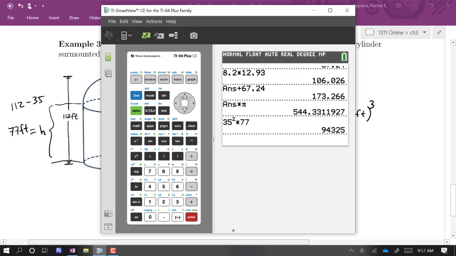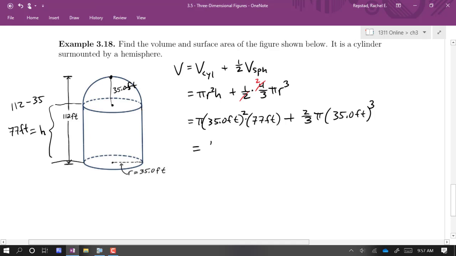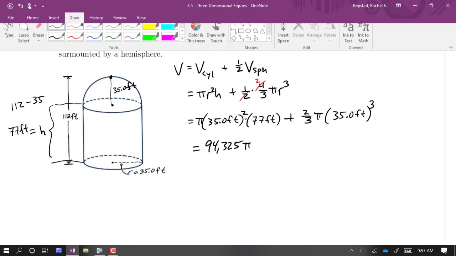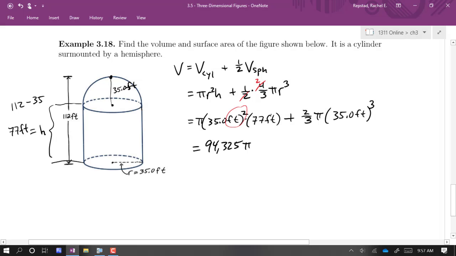And that's 94,325. So 94,325 pi. And the units are going to be cubic feet. We have feet squared times feet. So that's cubic feet.